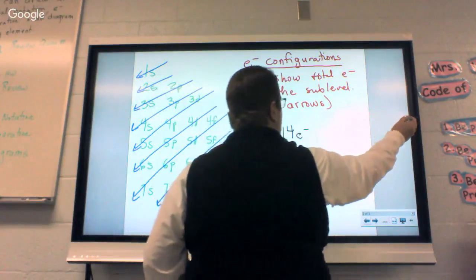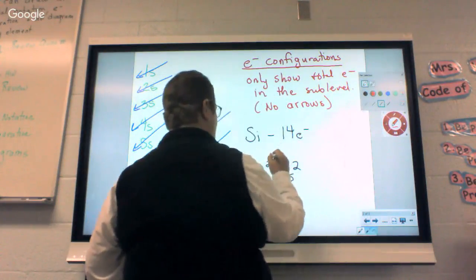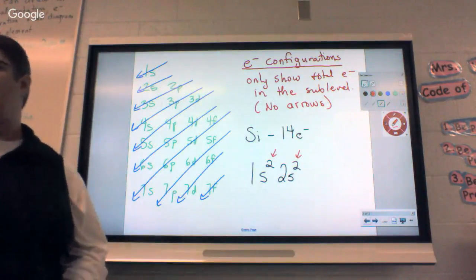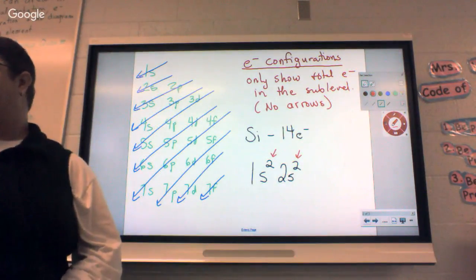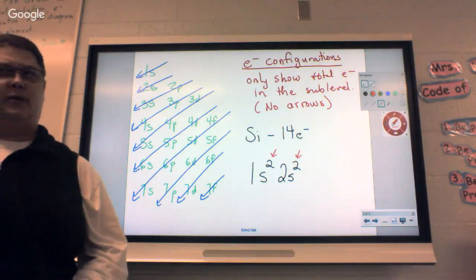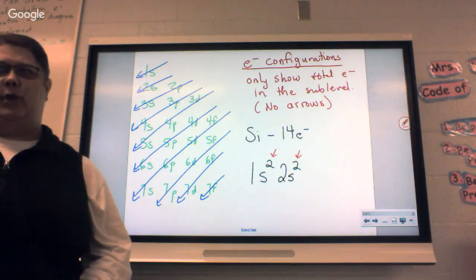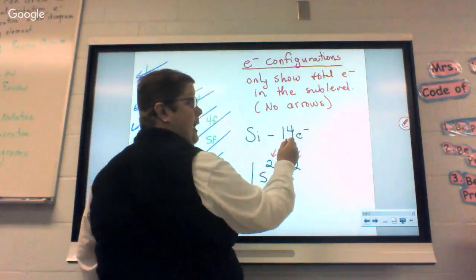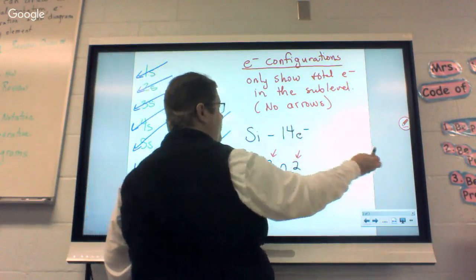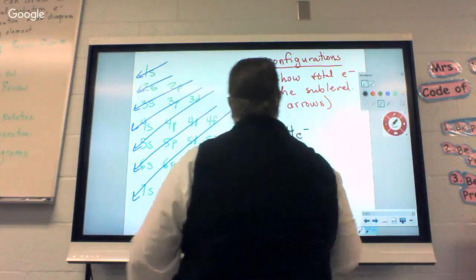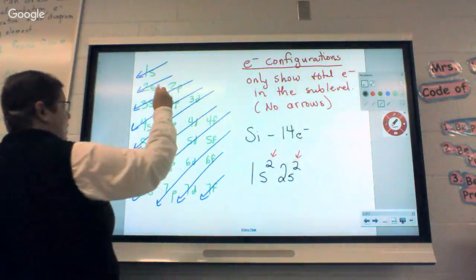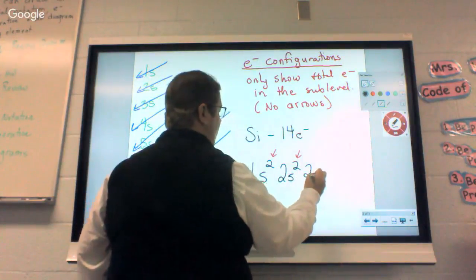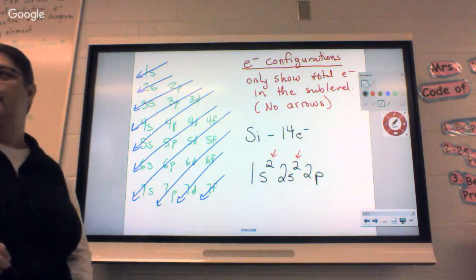Now, if I add this and this together, how many electrons do I have? Okay, it's not hard math. 2 plus 2 is what? 4. All right. Am I at 14 yet? No. So, back to the chart I go. What comes after 2s? 2p.